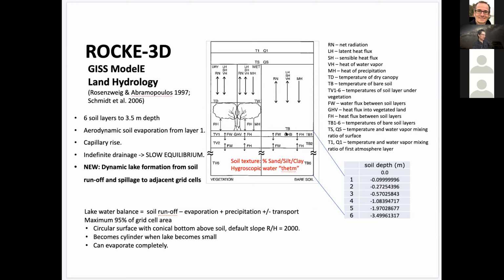You have latent heat flux due to evaporation. You have incoming short wave radiation, incoming long wave radiation. You have emitted long wave radiation, which is different for each surface type: different for vegetation, different for snow, different for bare soil.